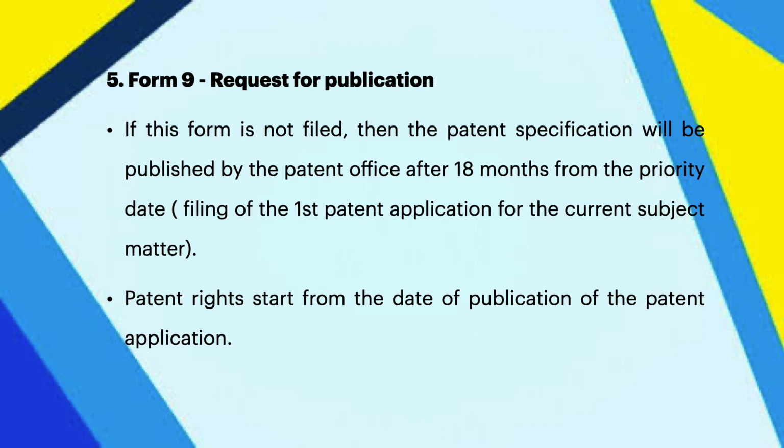What is the priority date? It is the filing of the first patent application for the current subject matter. For your current invention, product A for example, if somebody else has filed it, as we mentioned in step number 1 and step 3, if anybody in the past, let's say a year before, has filed an application for the same invention, then it will be published only after 18 months from the first date of the application.